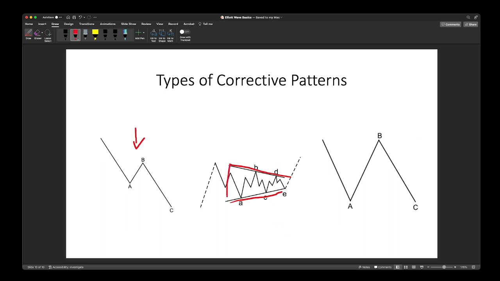I don't know if you see this triangle. That triangle right there that's being constructed is also a corrective wave.